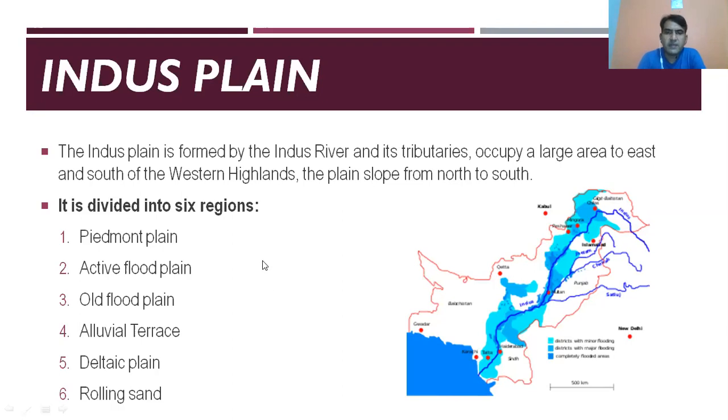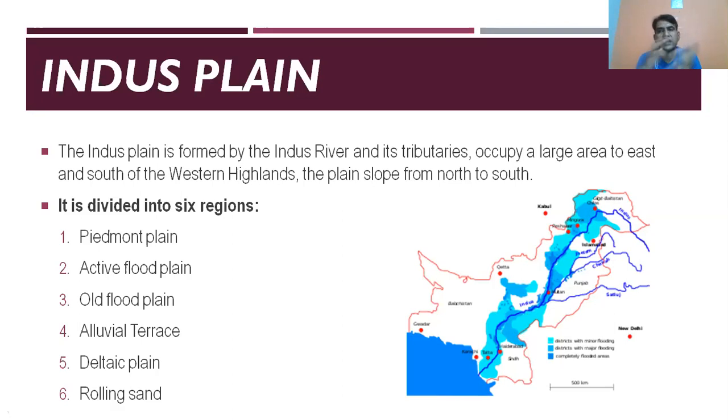The Indus Plain can also be divided into the Piedmont Plain, active floodplain, old floodplain, alluvial terraces, deltaic plains, and the rolling sands. This is the area called the Indus Plains. The Indus Plains are also very important and key for food growth.